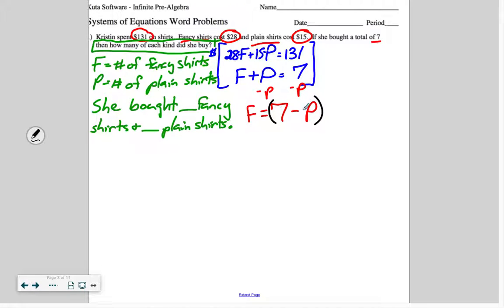And then we would hug the 7 minus P and put that in place of F in that equation. Do some distribution, combine like terms, solve for P in this case. So it's totally your choice how you want to solve this. If you're not sure how to solve it, you could go back to your notes or the videos on 7.3 or 7.2.